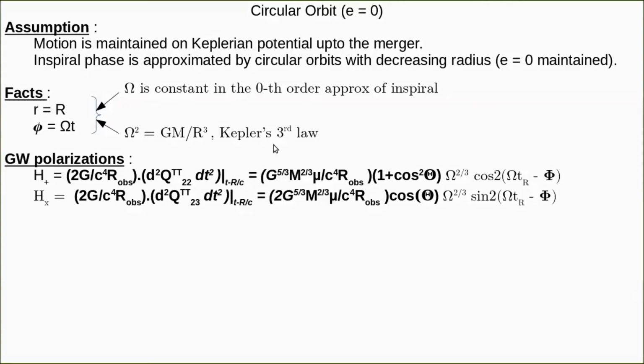We know this. Then considering this, we can calculate the GW polarization amplitudes as h plus equals this and h cross equals this. Now, one fact to note is that the binary has an angular frequency of rotation omega, but in contrast with EM radiation, the angular frequency of the GW waveform is 2 omega.